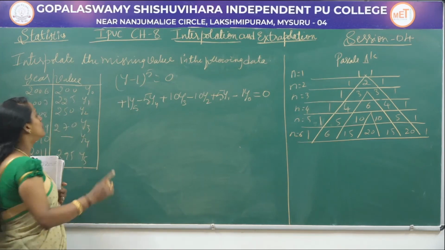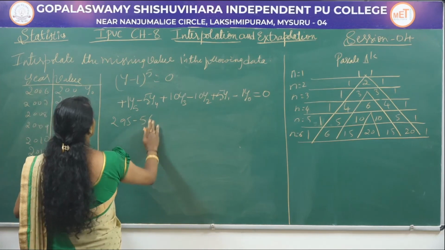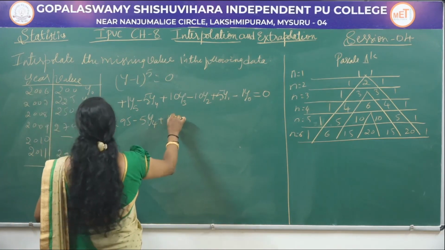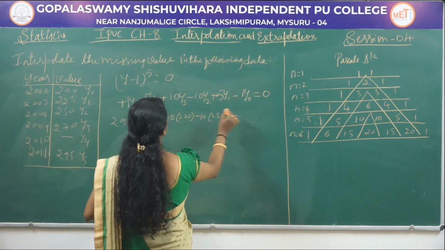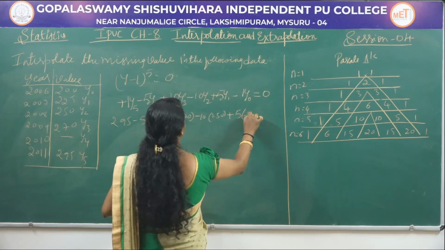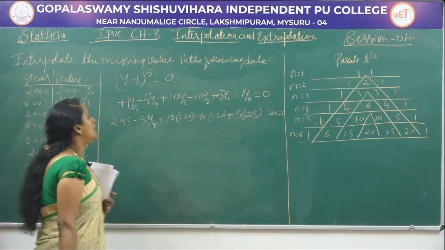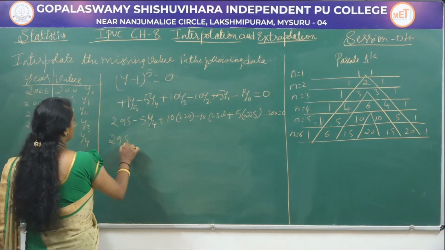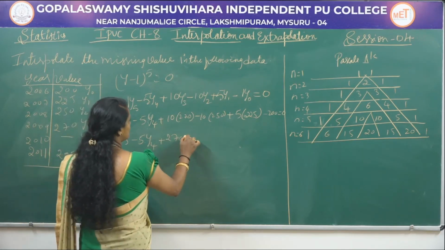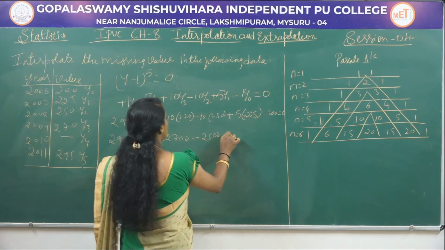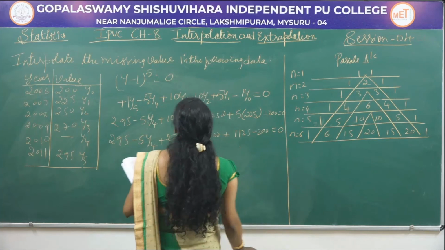Next, substitute the y values. It is 295 minus 5 into y4 plus 10 into 270 minus 10 into 250 plus 5 into 225 minus 200 is equal to 0. Next step is simplification. It is 295 minus 5y4 plus 2700 minus 2500 plus 1125 minus 200 is equal to 0.